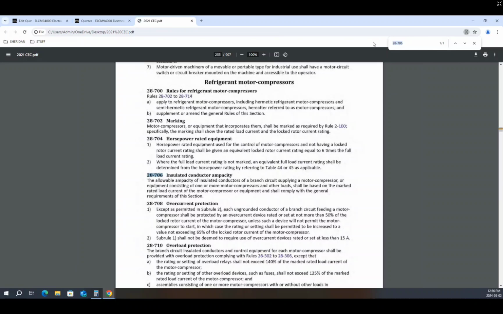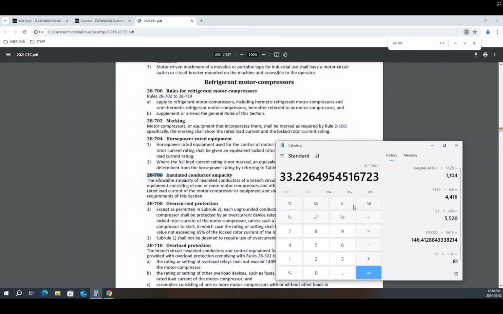Oh, we did that one already. We got 52 amps. So then we have to multiply our 52 by 125%. So we're at 65 amps.